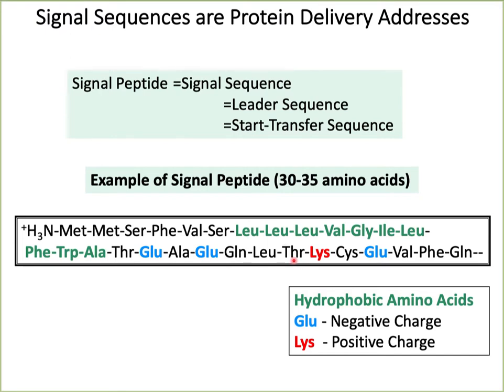There is usually a stretch of hydrophobic amino acids, shown here in green, and these hydrophobic regions are usually followed by a couple of negatively charged amino acids, shown in blue, and one or more positively charged amino acids, shown in red. So the sequence itself is not conserved, but some of the hydrophobicity and some of the positioning of the negatively or positively charged amino acids are conserved.